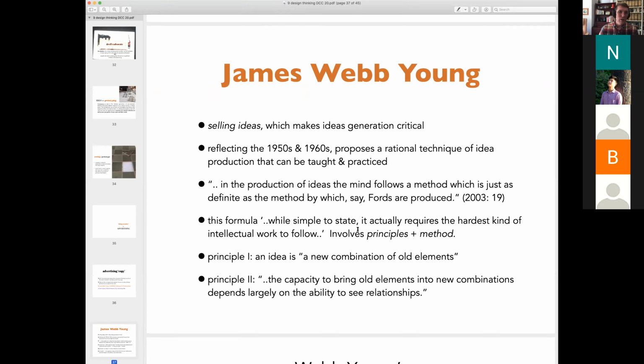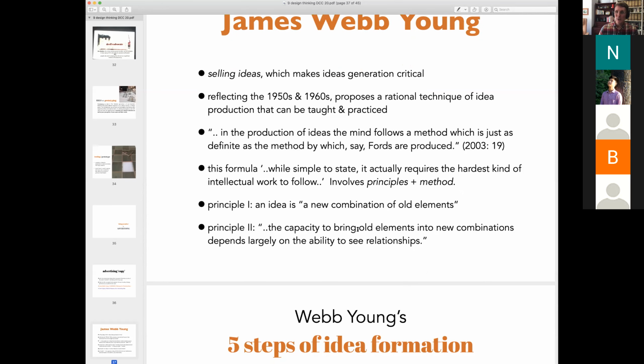He says, first of all, an idea is a new combination of old elements, and the capacity to bring old elements into new combinations depends largely on the ability to see relationships. So you can see that this is very much architectural or design oriented, in that you're not discovering an underlying truth so much as, in a very synthesizing way, tapping a multiplicity of truths.